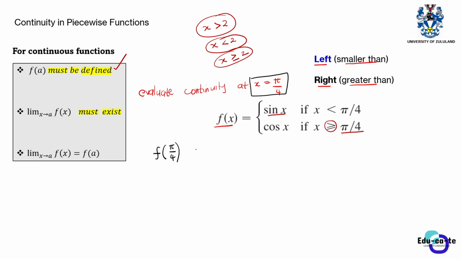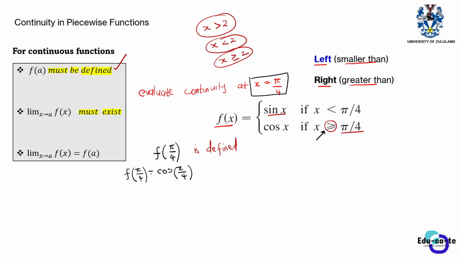Let's rather use the word is defined. So now when you say that it's defined, it just means that whenever you put a particular x value into the equation, you can get a particular y value. In this case, the equation that is defined here, the one that has got an or equal to sign, it is cos x. So basically you can just say cos pi over 4 and try to see what is the value when x is pi over 4 radians.